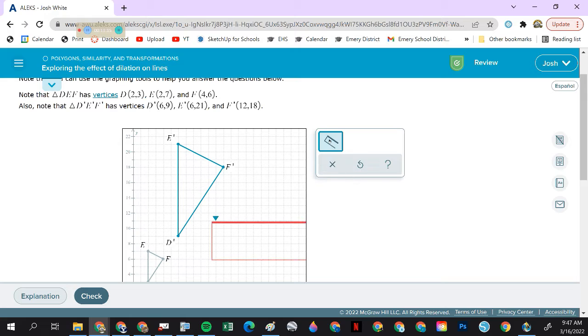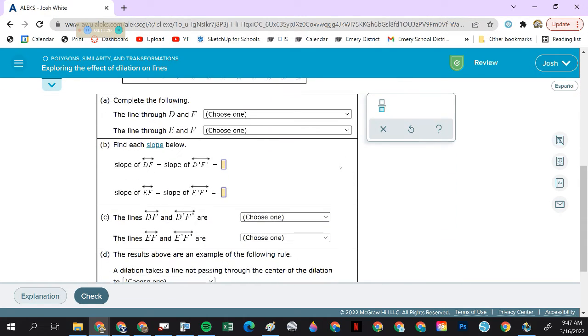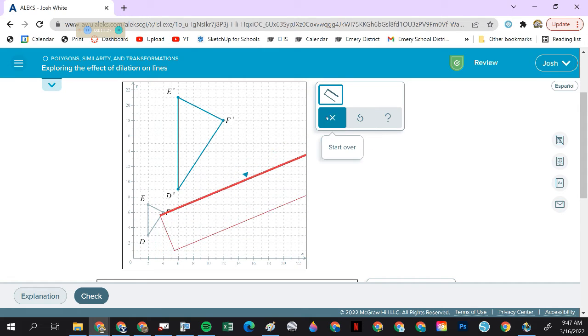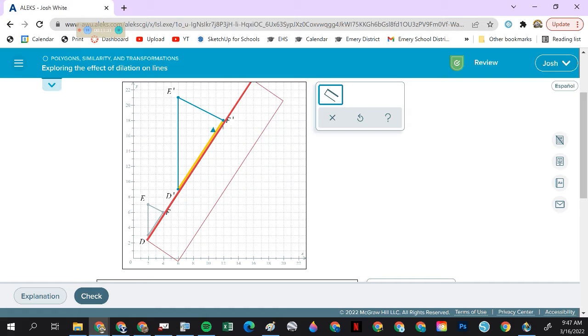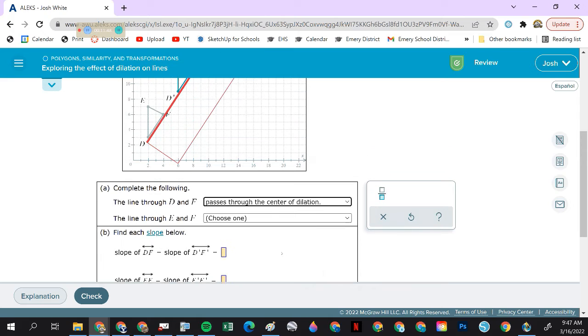So we're going to take our ruler and line it up from D to F. Is that line passing through the center of dilation? If I were to extend that line out, would it pass through the origin? Yes. So this would be passes through the center of dilation.